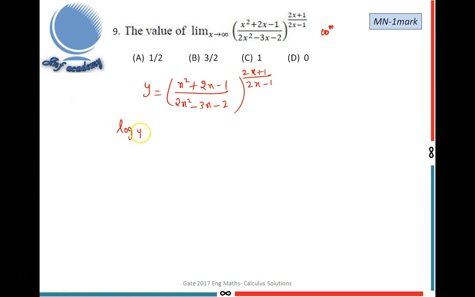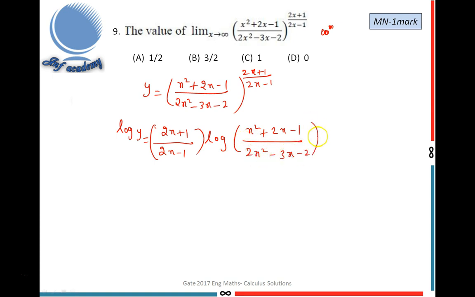Taking log on both sides, by using one logarithmic rule, the power comes to the front. Log y equal to (2x plus 1) by (2x minus 1) times log of (x square plus 2x minus 1) divided by (2x square minus 3x minus 2).